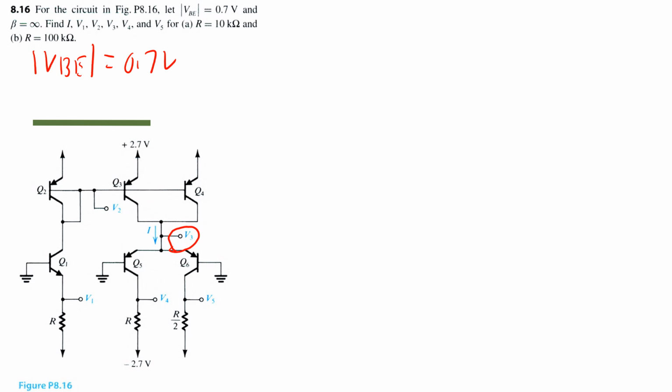Observe that we are at ground here at Q6, and all we need to do to travel to V3 is simply start at that ground at the base, 0 volts, and just add the voltage drop from base to emitter. So V3 will simply be 0.7 volts. Notice that to calculate this, we did not have to worry about the resistance.